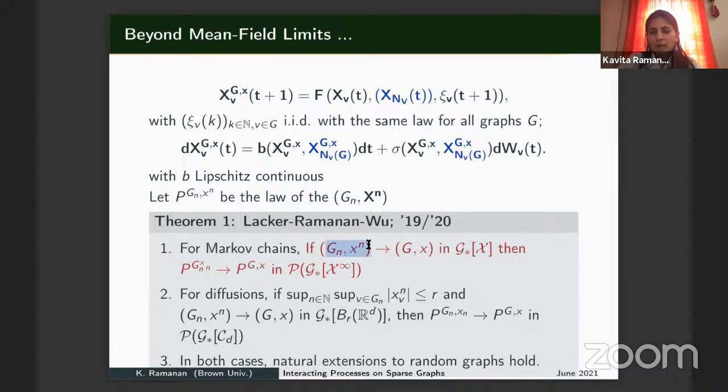But this could be a random graph, then I would have to write P of G^x, and that's also true. I didn't want to write that if the law of this converges to the law of that, then it's true. So this exact result holds. It's just notational.